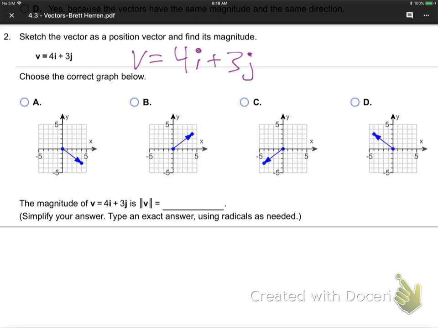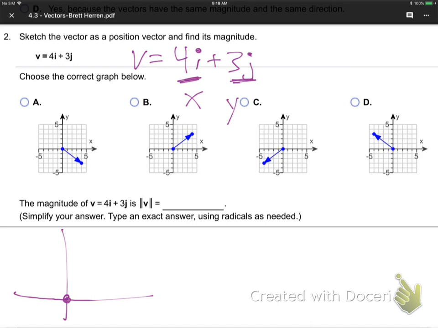It's just X and Y, basically. When they say 4I plus 3J, they mean start at the origin. Really, you can start anywhere, but to make things simple, we'll start at the origin. Remember, vectors can be moved around. The I is just your X, and the J is your Y.